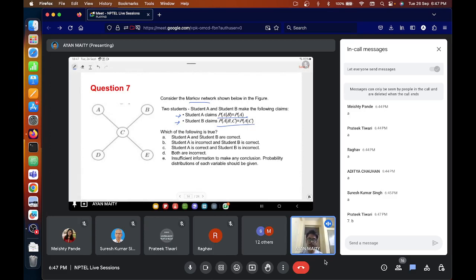Pratik Tiwari is saying option B, which is student A is incorrect, and student B is correct. Okay.